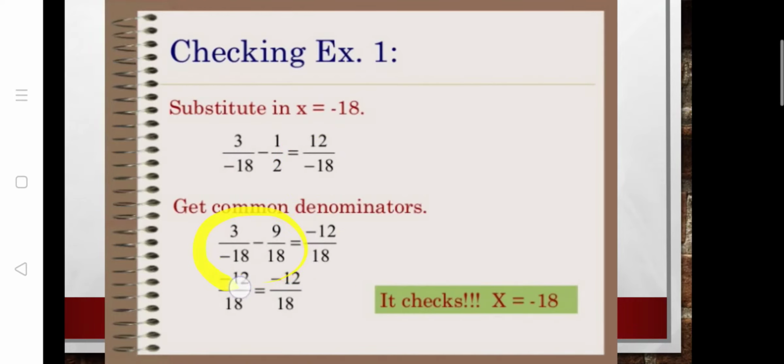We have negative 3 minus 9 is negative 12 divided by 18. So we obtain negative 12 over 18 is equal to negative 12 over 18. So that is a true statement. In that case, the right solution is x is equal to negative 18. So our answer is x is equal to negative 18.